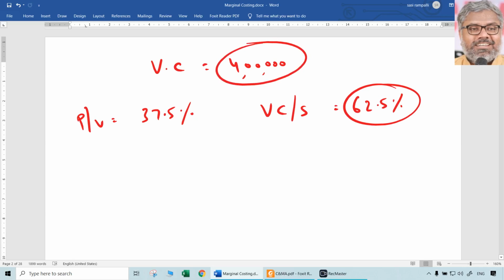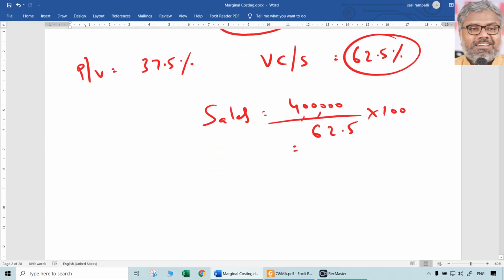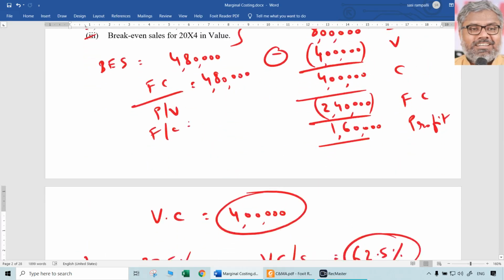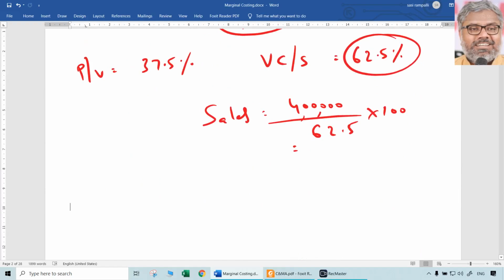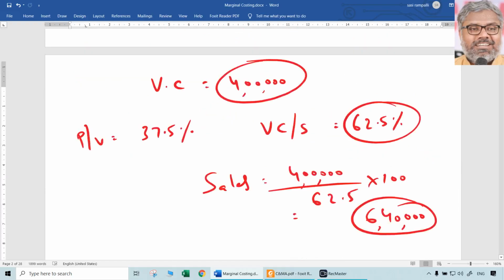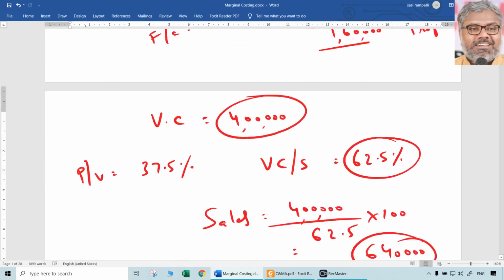Then naturally how much will be sales? If 4 lakhs represents 62.5, sales will be 4 lakhs into 100 divided by 62.5. So the sales for next year are going to be not 8 lakhs but 6 lakhs 40,000. That is the answer for the first question. How much is the sales? 6 lakhs 40,000.